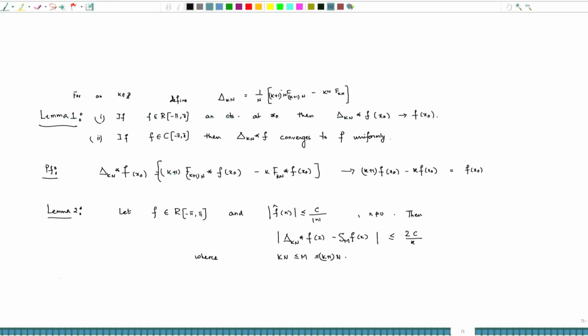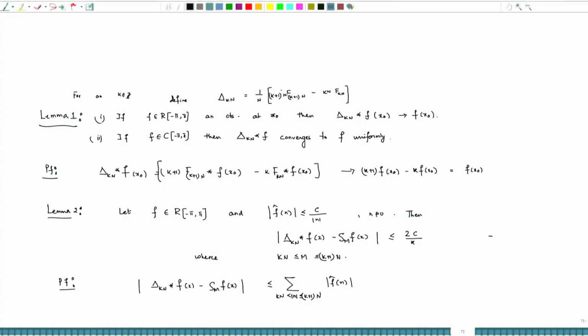As a matter of fact, we had observed that in our previous lecture. If I write delta_{kn} convolution of f of x minus S_m of f in terms of the Fourier series, then this is going to be less than or equal to, because this delta_{kn} hat is flat on this, this is going to get cancelled with the summation over f hat of n. So, what we have got is essentially the sum over kn less than mod n less than or equal to (k+1)n of mod f hat of n, because mod of e to the power i n x is 1.